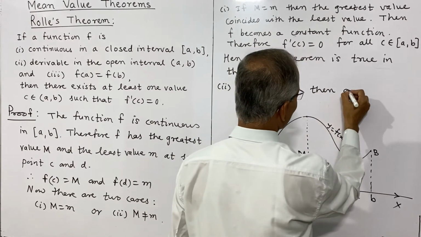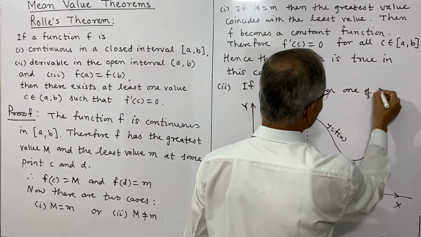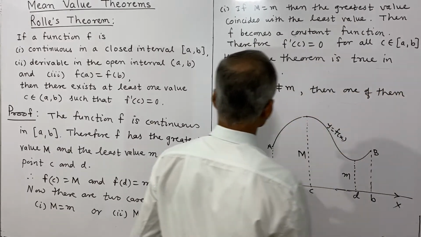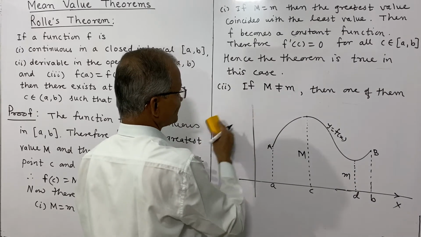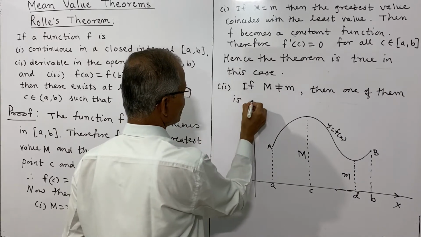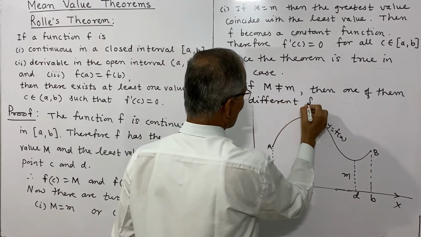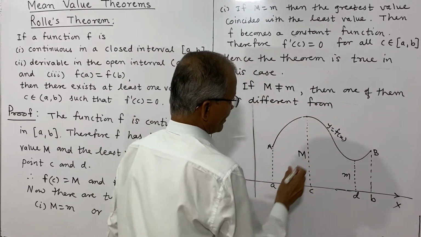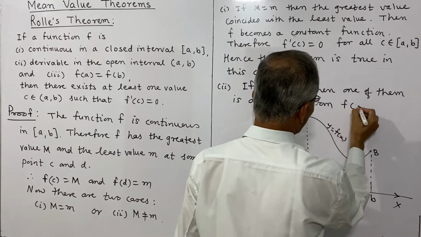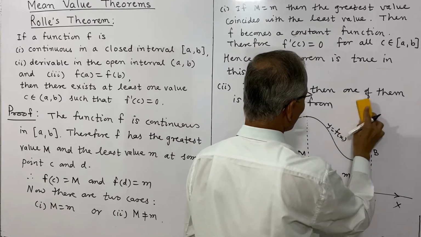Then one of them is different from the equal values f of a and f of b.